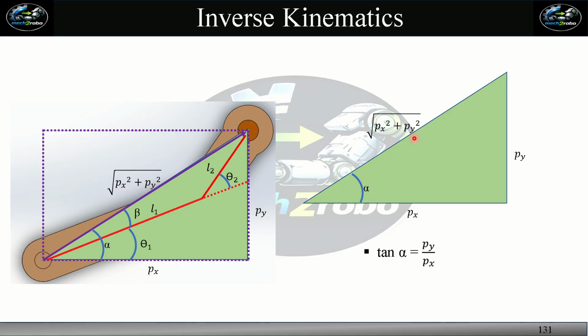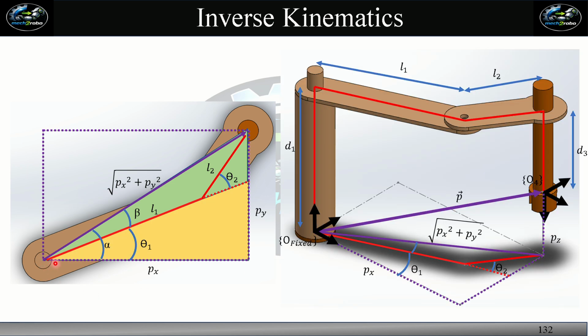Thus we get the hypotenuse, and we get this angle alpha by applying the trigonometric formula, tan alpha is equal to perpendicular upon base, and then we shift the tan to the right hand side and we get alpha.